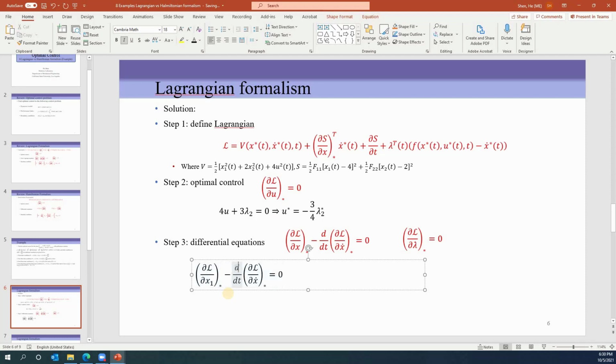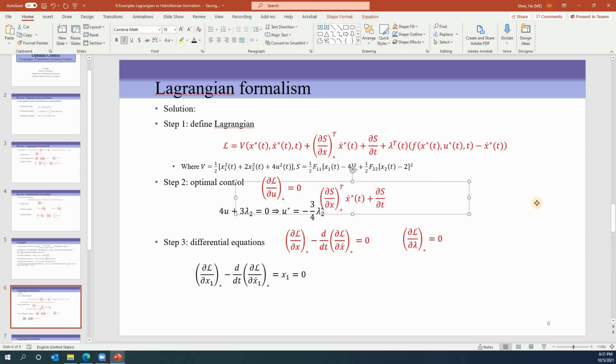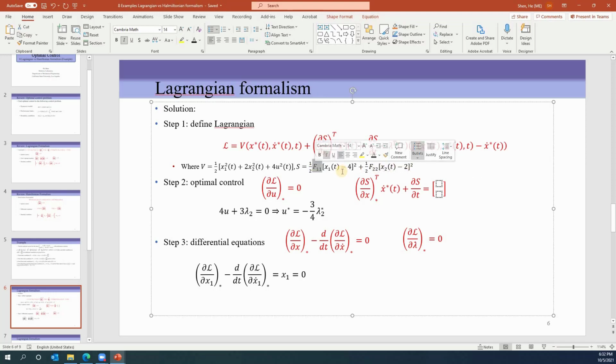Partial L over partial x1 minus d dt partial L partial x1 dot is equal to 0. So we want to see what that is. Partial L over partial x1. We have x1 here, so you take a partial derivative of that. That will give us x1. So let's write this out. So this term over here is equal to partial s over partial x1, that'll give us f11.